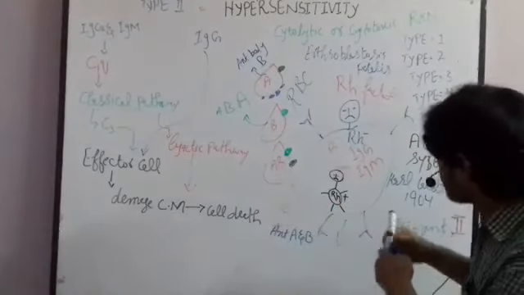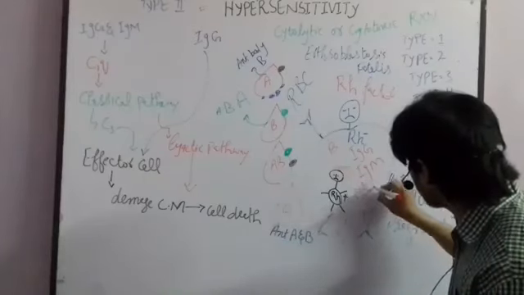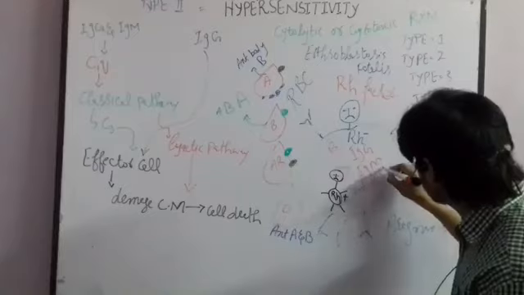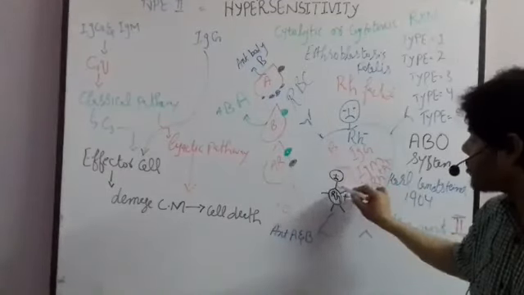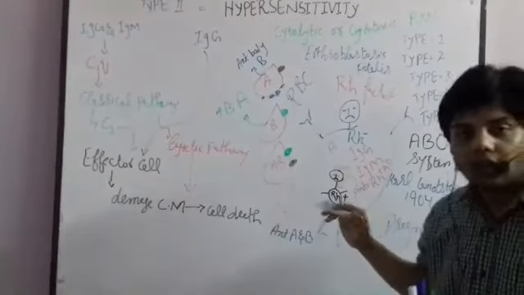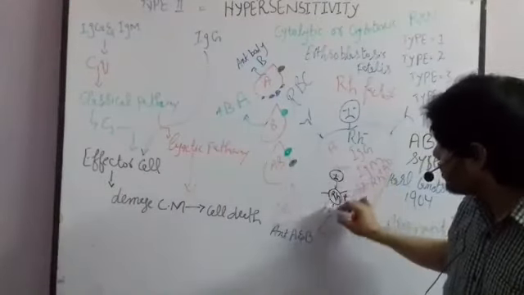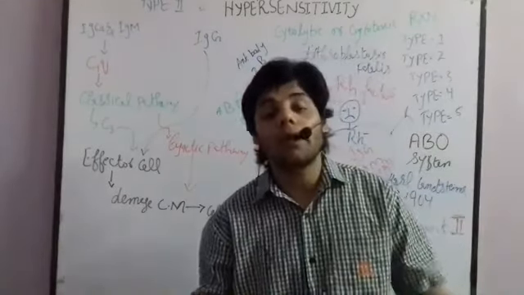So they will produce what? They will also produce anti-RH positive antibody. This anti-RH positive antibody will also circulate inside the fetus, and it will cause the death of the fetus, or we can say the baby will die.